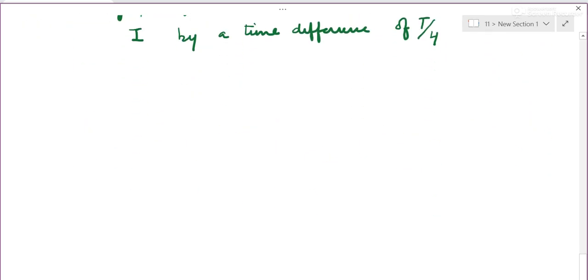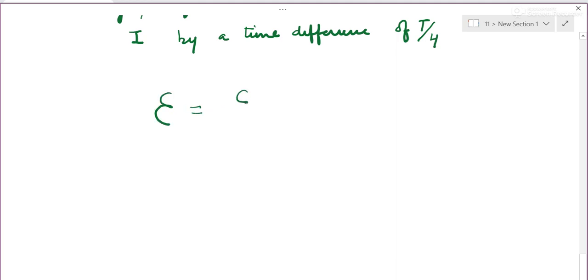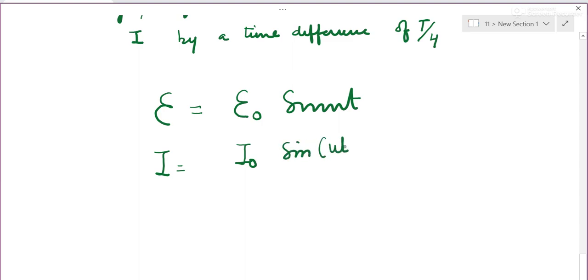So this is the relationship in an AC circuit containing inductor only. You'll have to memorize it: E naught sine omega t, and current is I naught sine omega t minus 90.